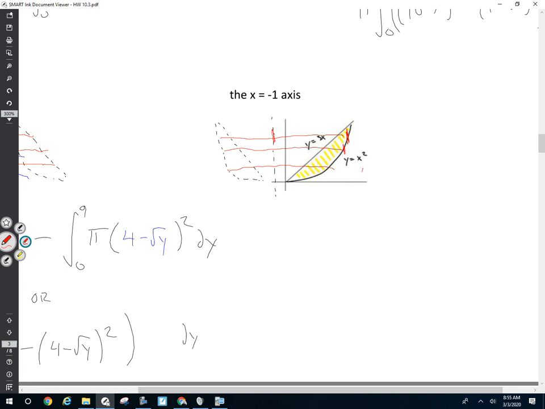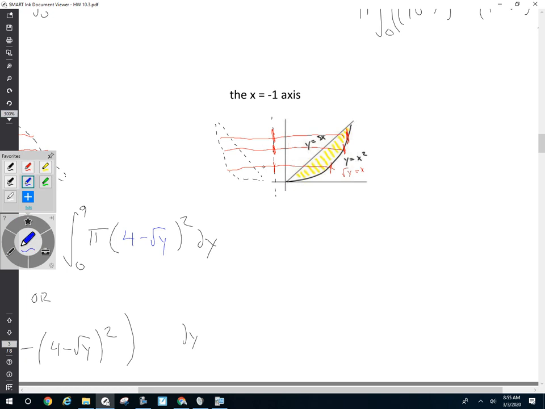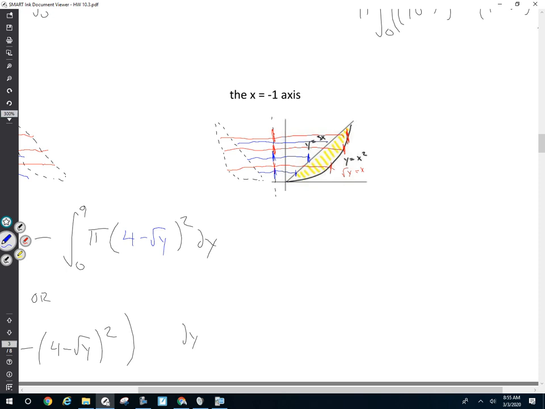So I need this equation, x equals root y. It'll be a root y minus a -1, or root y plus 1. Meanwhile, the hole is a right minus a left again, but the right is the x equals y over 3 distance, and then minus -1, or plus 1.